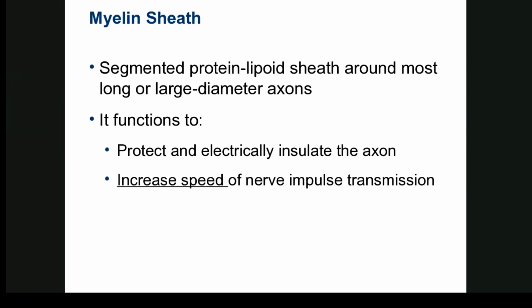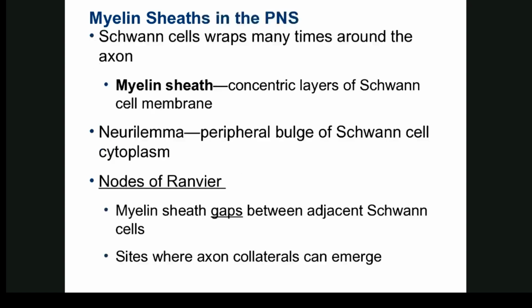The myelin sheath is the wrapper that goes around the cells, made either by the oligodendrocytes or by the Schwann cells, and it functions to insulate the axon and increase the speed of the nervous transmission. In the peripheral nervous system, it's made by Schwann cells, and it wraps around in layers and forms a bulge called the neurolemma.